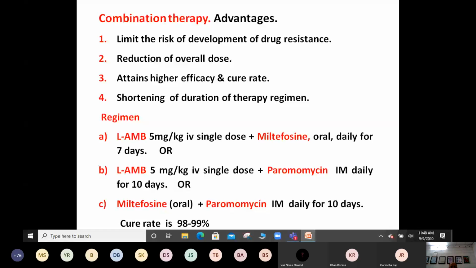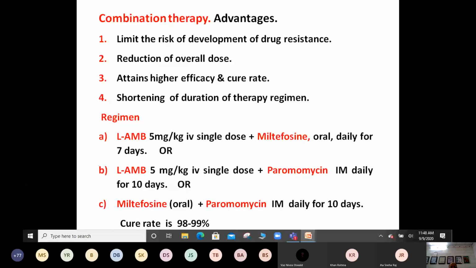So, combination therapy, dose is reduced: 5 milligram per kg intravenous and miltefosine daily for 7 days. That is one regimen.